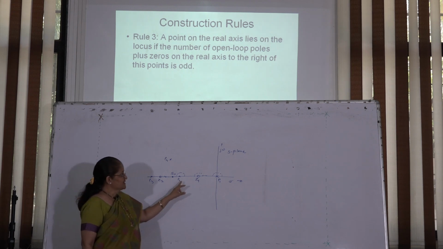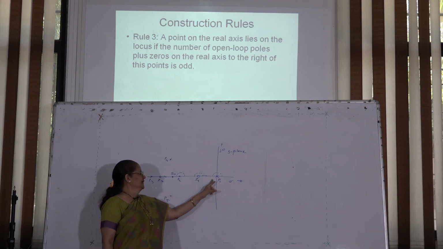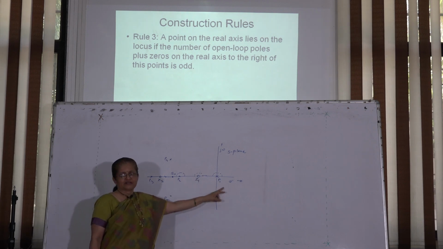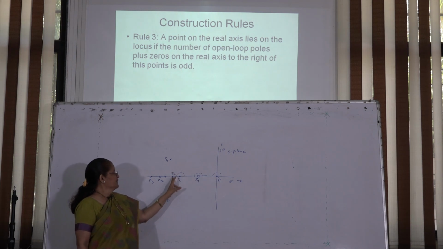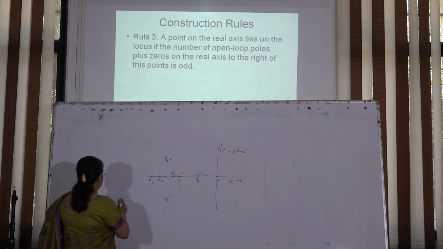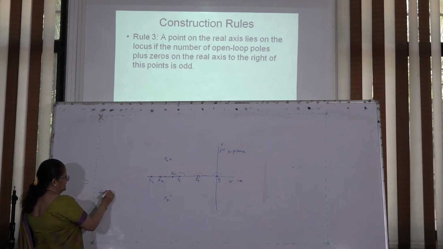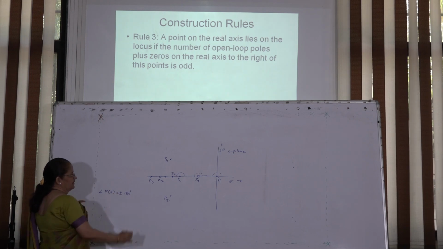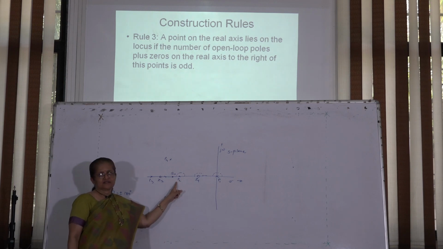Why? Because the angle made by this is 180, angle made by this is 180. So, zero minus pole, if we are considering, will get cancelled, and this will be 180. So, what is your angle criteria? The angle criteria is that we want plus minus 180 degrees. So, we will get here 180 degrees.